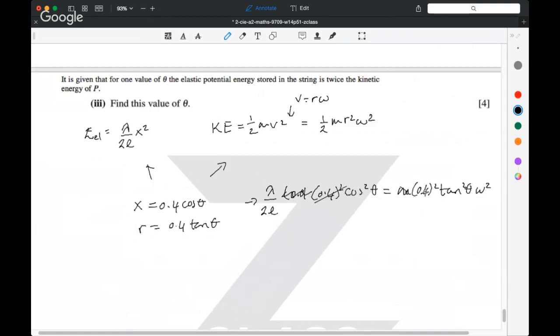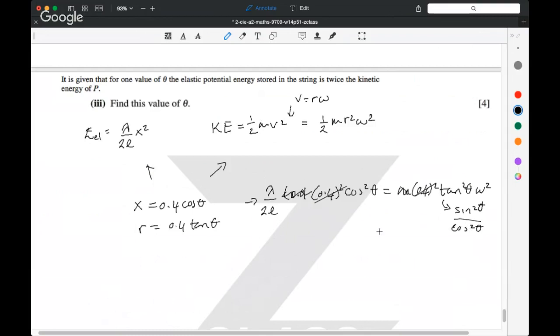So the 0.4s cancel out. Tan squared theta is just sine squared theta over cosine squared theta.